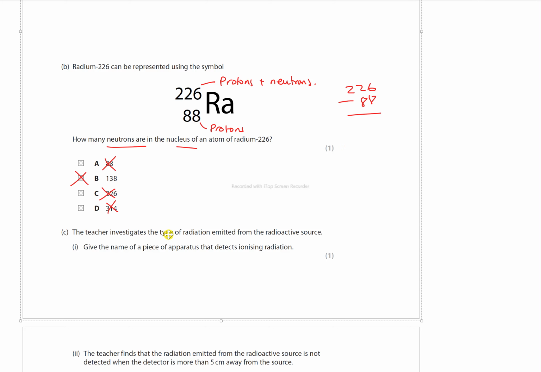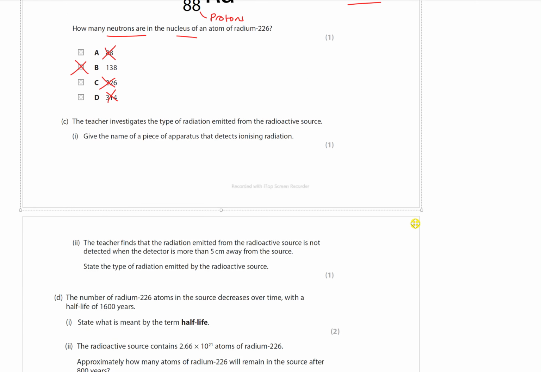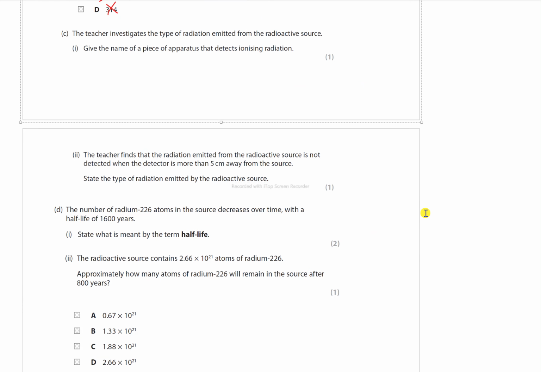A teacher investigates the type of radiation emitted from a source. Give the name of a specific piece of equipment that detects ionizing radiation. Geiger-Müller tube. How do you spell it?